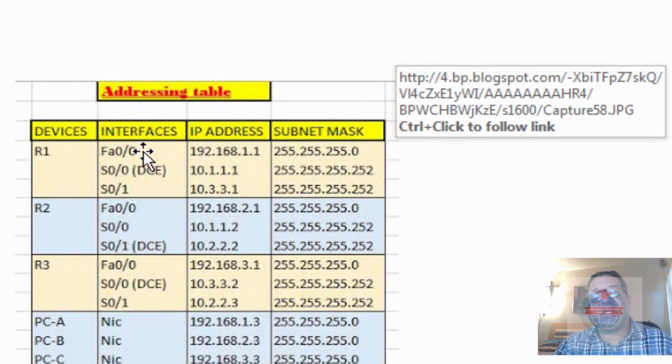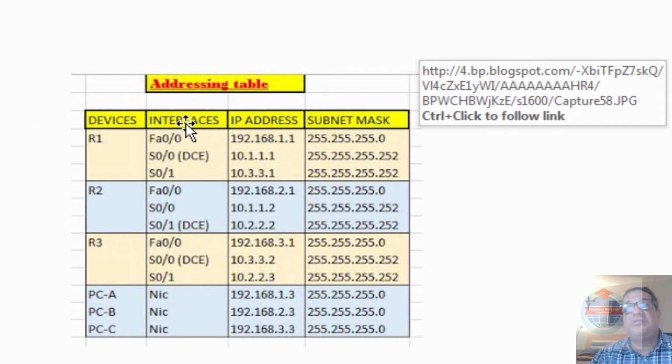Gigabit 0/0. No, S0/0. Easier for you. Over here on the subnet mask, you're going to see 255.255.255.252, and 255.255.255.0.